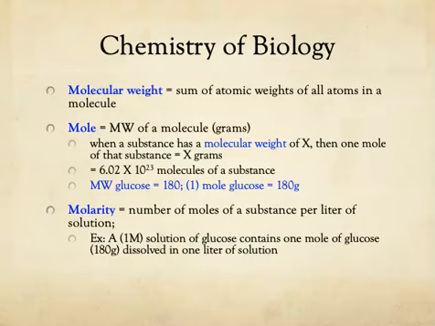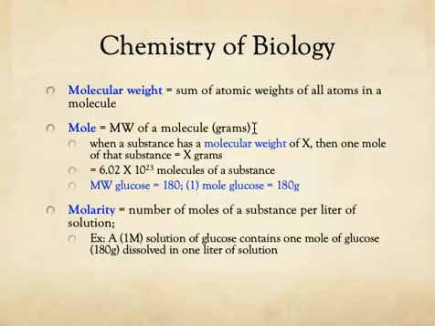A couple other terms that we need to review are this term mole and this term molarity. When we talk about a mole of a substance, what we're talking about in practical terms is the molecular weight of that particular molecule in grams. So when a substance has a molecular weight of, say, X, then 1 mole of that substance is X grams.